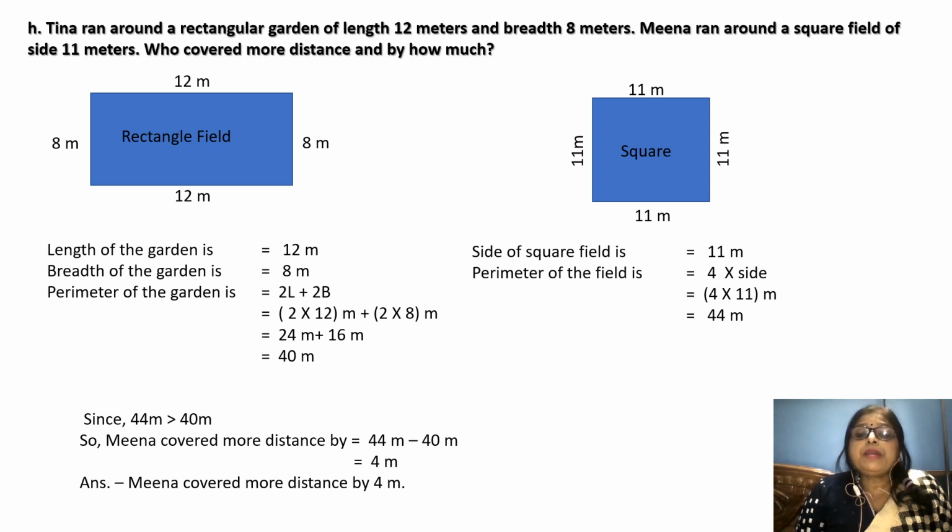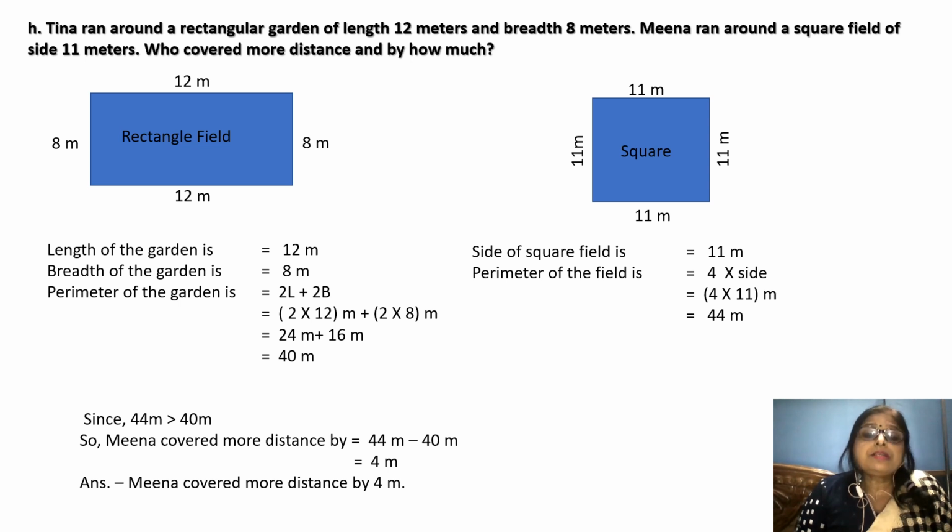In case of Mina, she is running along the square field and each side of the field is 11 meter. So side of the square field is 11 meter and perimeter of the field is 4 into side, that is equal to 44 meter. Naturally, 44 meter is greater than 40 meter. So Mina covered more distance than Tina.